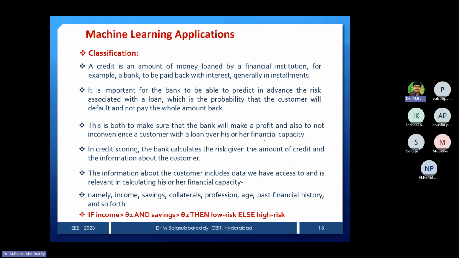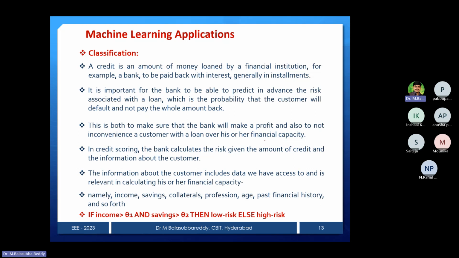Suppose this is the condition: if income is greater than so and so and saving is greater than so and so, then it is low risk, or else it is high risk. Such kinds of combinations will be learned by the model. Once the data is trained, these combinations will be generated by the machine automatically, because of the huge data training.